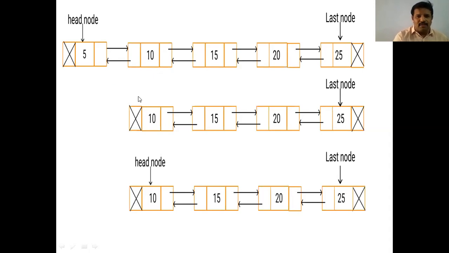After that, the linked list contains only 4 elements, 10, 15, 20 and 25. Now this is the first node, so the address of the node 10 is stored in the head node. This is how we can delete the element at the beginning of the double linked list.